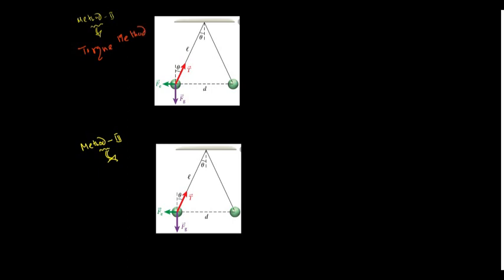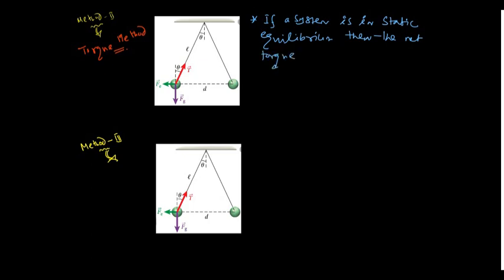We know one thing, I will write the statement over here: if a system is in static equilibrium, then the net torque acting on the system about any point inside the system is equal to 0. So this line is very important.